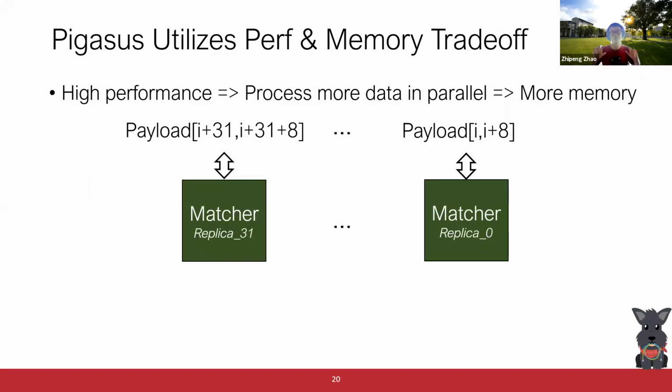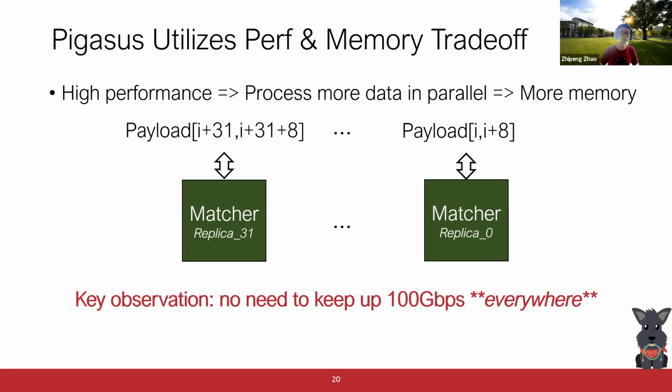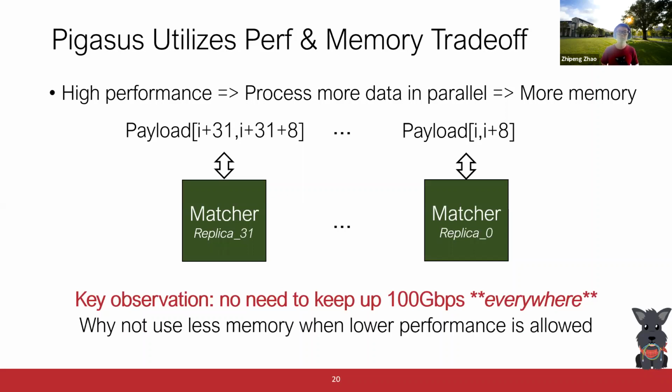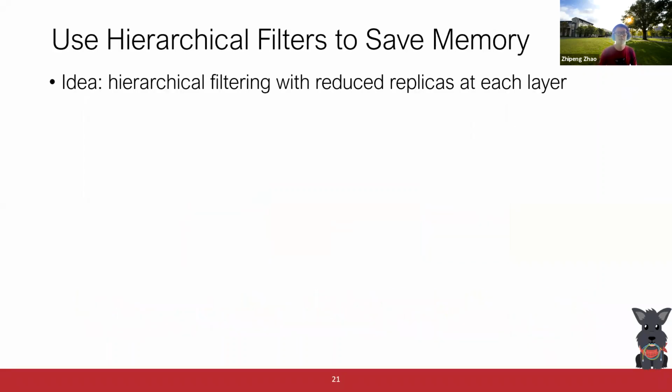Basically, you need to process more data in parallel, and to do that, you need to replicate your structures multiple times. This will cause more memory consumption and logic consumption. Our key observation is that there is no need to keep up with 100 gigabit per second everywhere. For the places where we don't need such high performance, we can trade off performance to save memory resources. And following that idea, we developed our hierarchical filters.